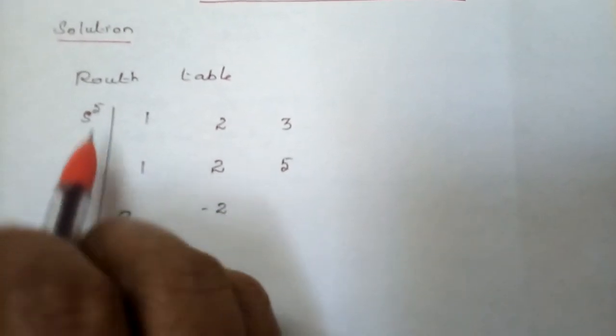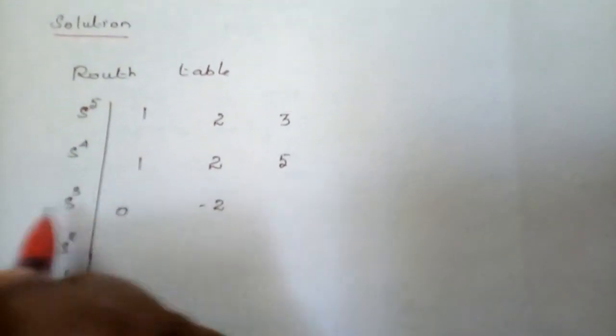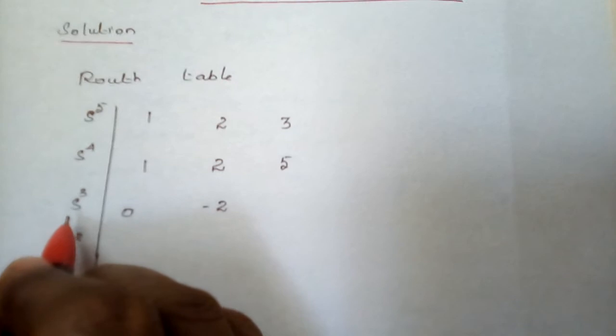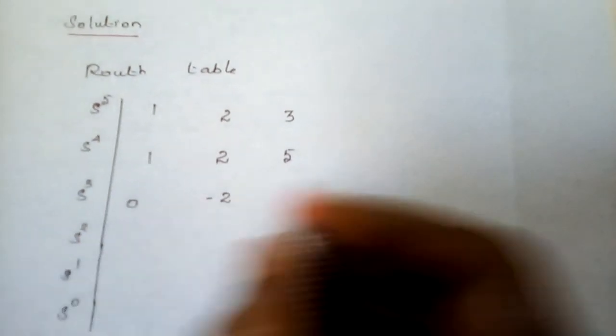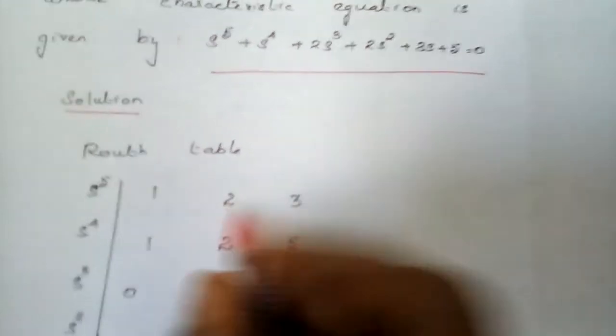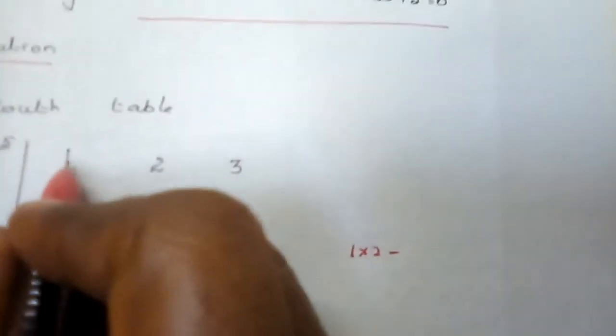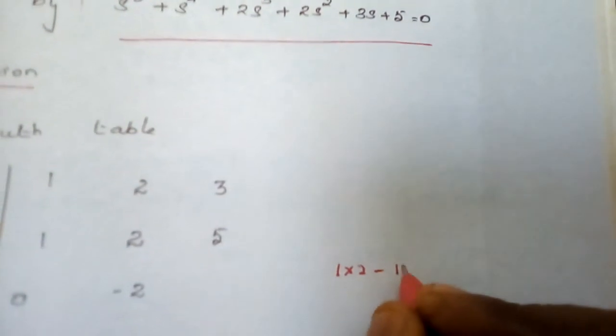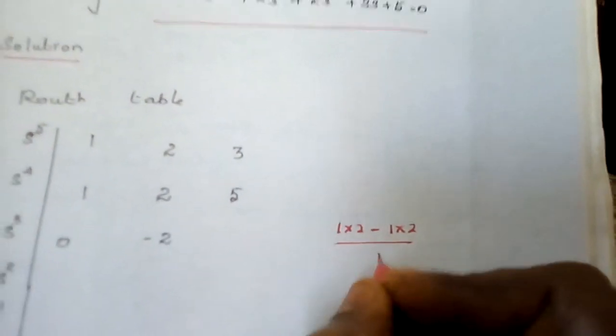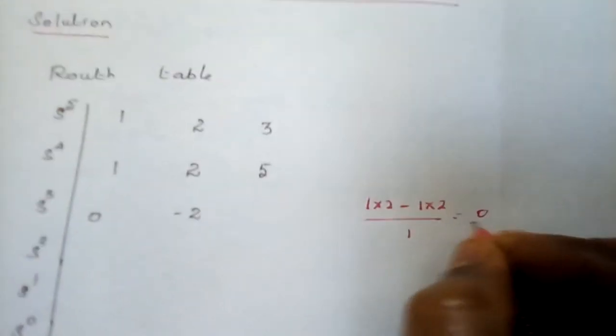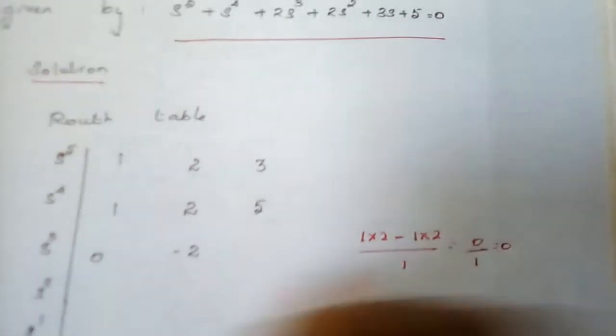From these two row elements, I am supposed to get the s cube row. Starting from the first term, 1 into 2 minus 1 into 2, divided by 1, which is equal to 0 by 1, which is equal to 0.